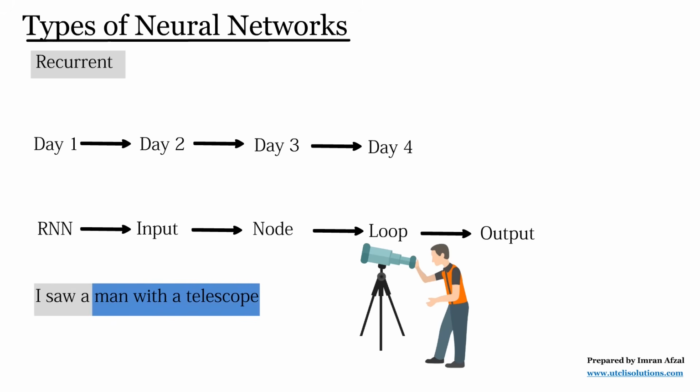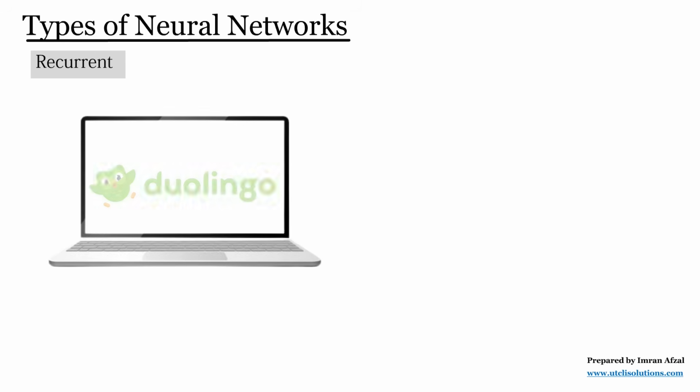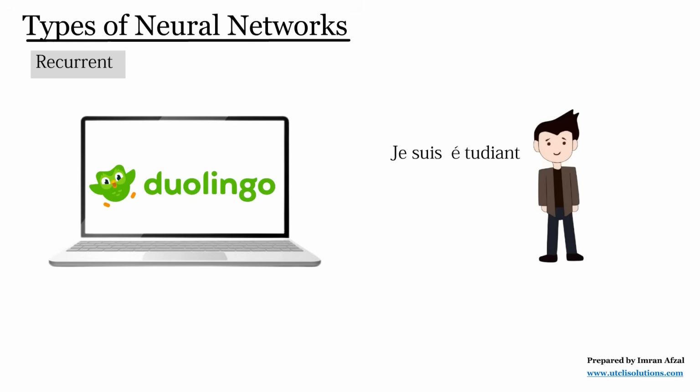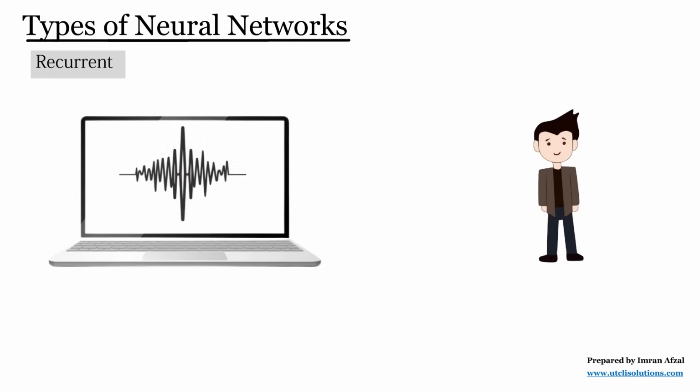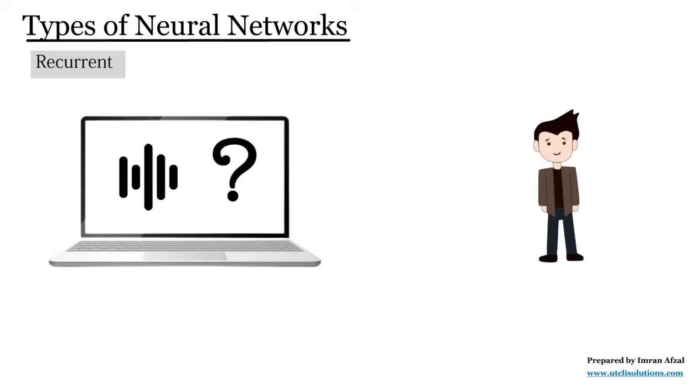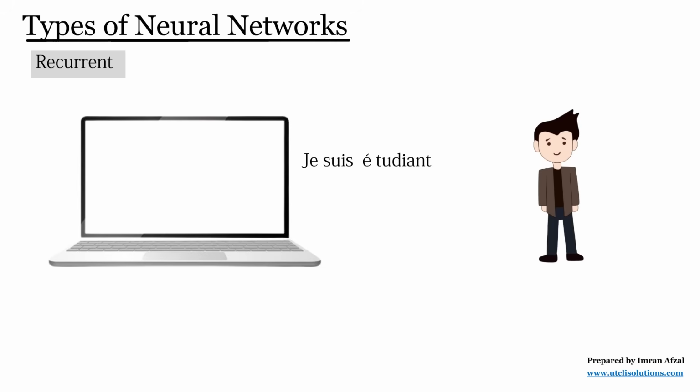A real company that uses RNNs is Duolingo, the language learning app. When you speak a sentence in another language, the app checks if your pronunciation and grammar make sense. But it doesn't just listen to one word, it needs to understand the full sentence.